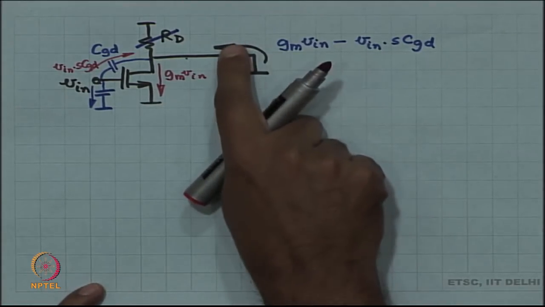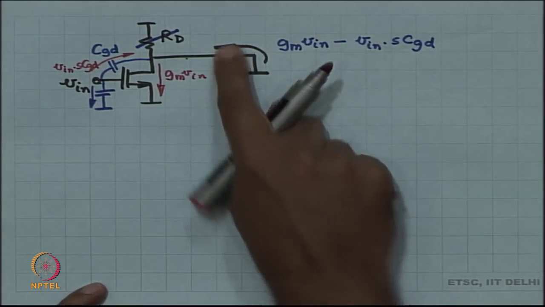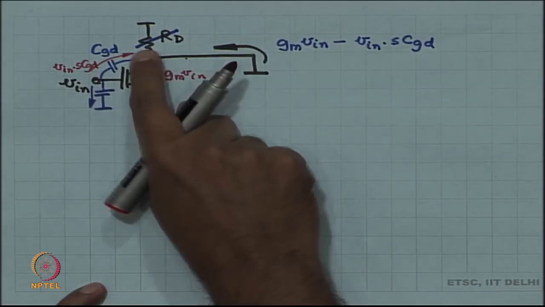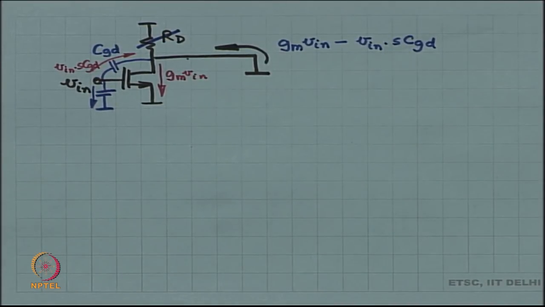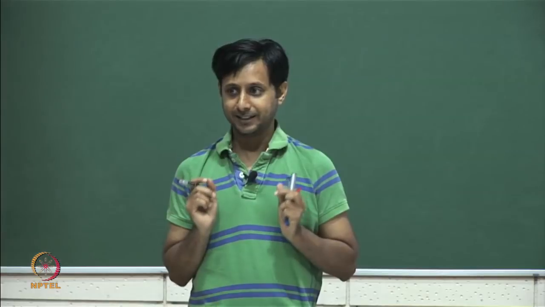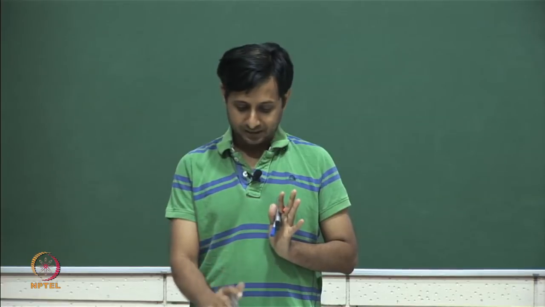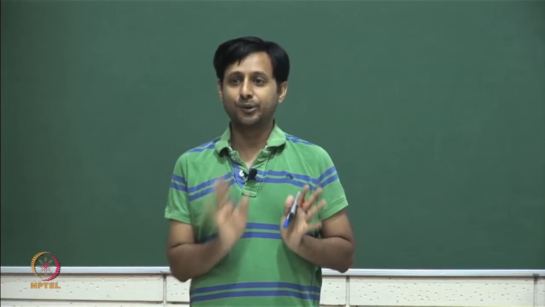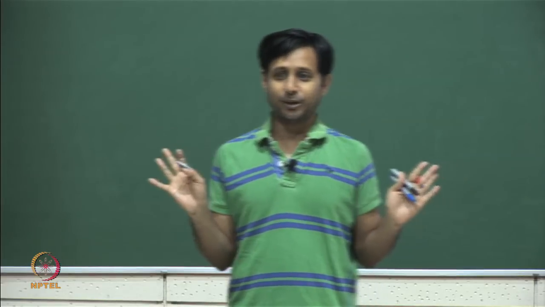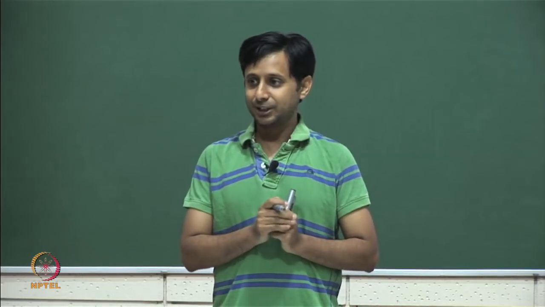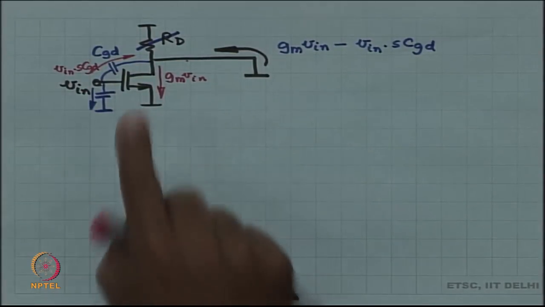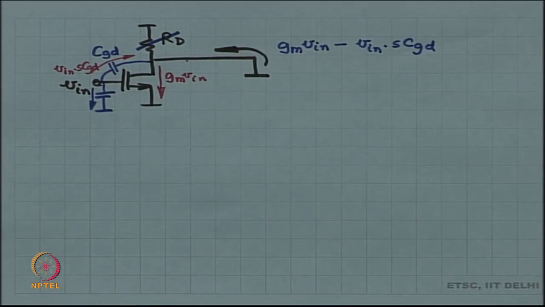And therefore, this combination current is going to be Gm V in minus V in times SCGD. Check and double check this. Why? Because in circuits normally these minus signs do not come inside expressions. Okay. So, this is an anomaly, this is not something that happens on a routine basis. This minus sign usually triggers a warning, it should trigger a warning saying that maybe something is wrong, let me recheck, and you have to recheck over here, and indeed in this particular case the minus sign happens to be correct.